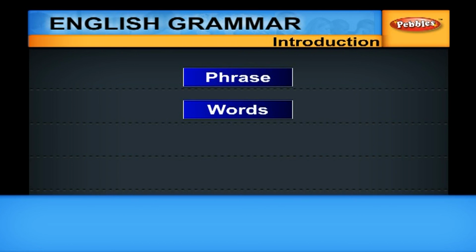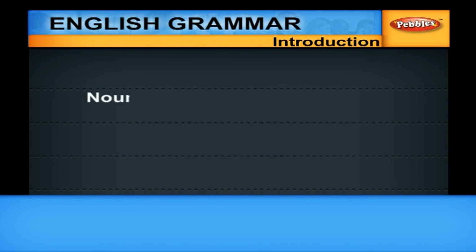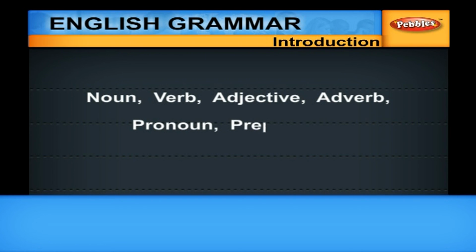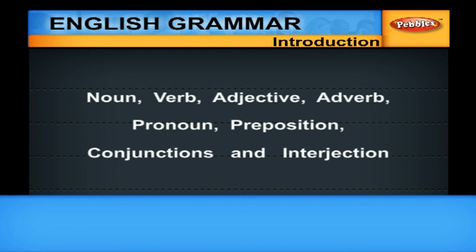Words are classified into word classes, what we popularly call parts of speech. Traditionally, we talk about eight parts of speech. They are noun, verb, adjective, adverb, pronoun, preposition, conjunction, and interjection.